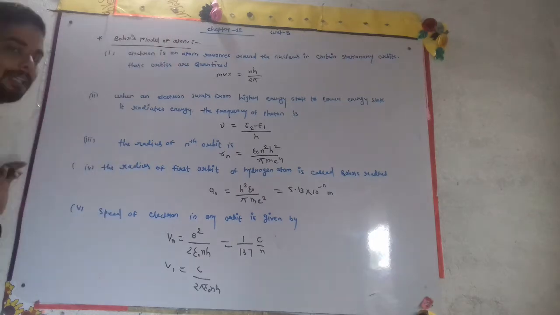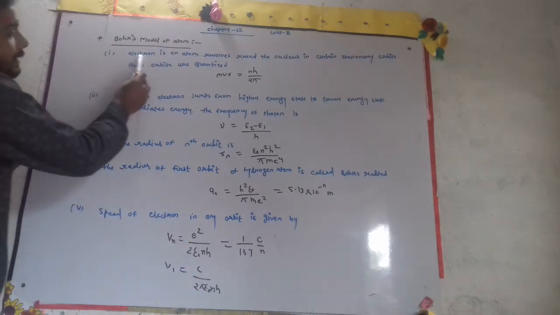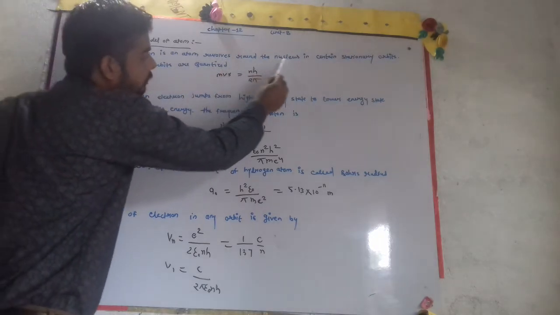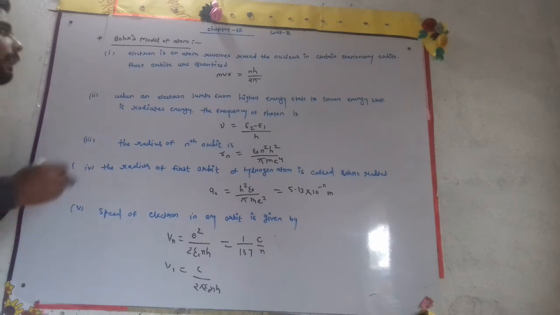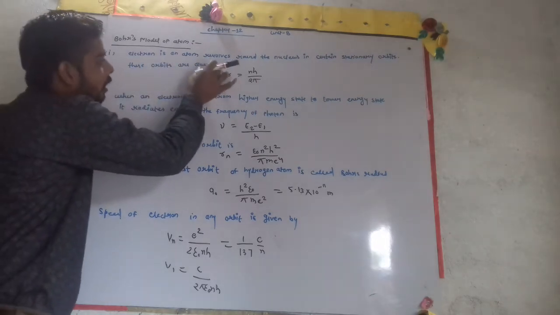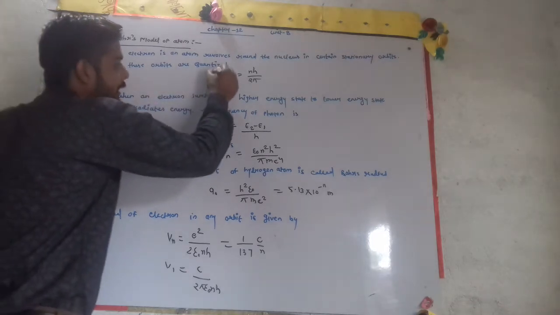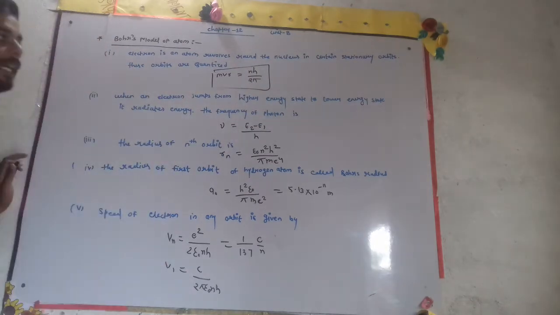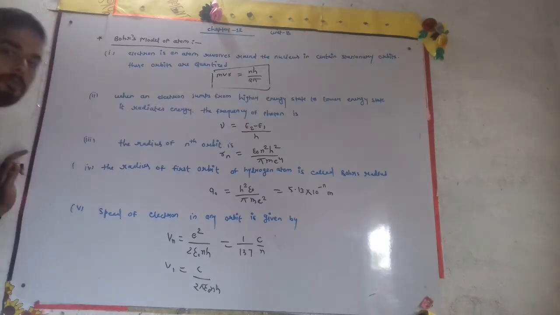Bohr model of atom. It states that an electron in an atom revolves around the nucleus in certain stationary orbits. As we have studied earlier, these orbits are quantized. We also studied in the part 1 video that the angular momentum will be an integral multiple of h upon 2 pi.